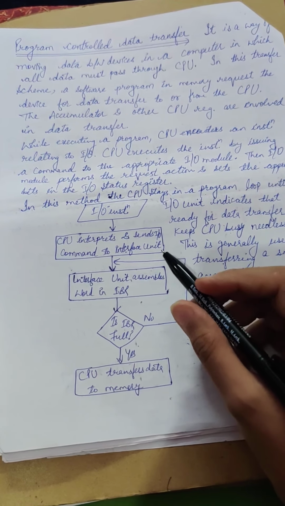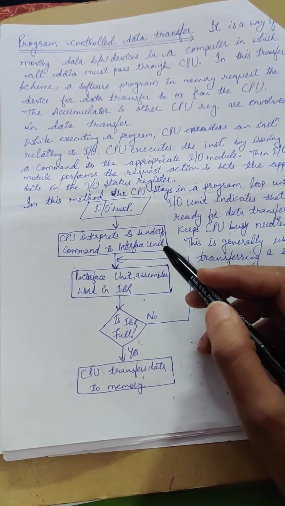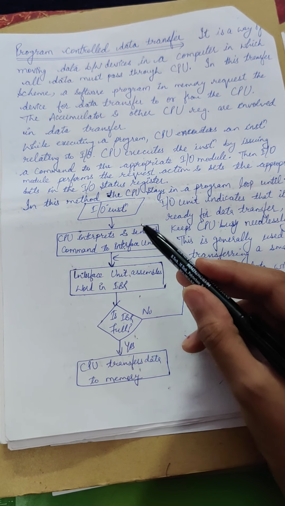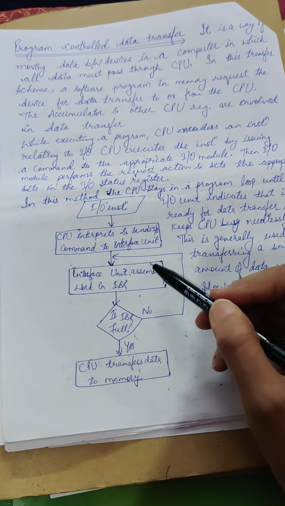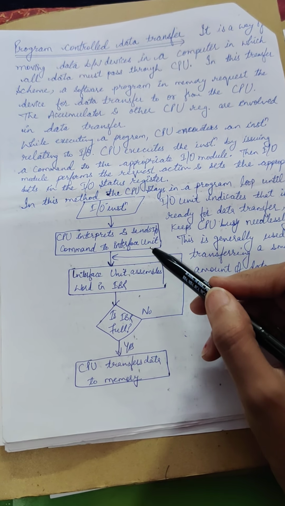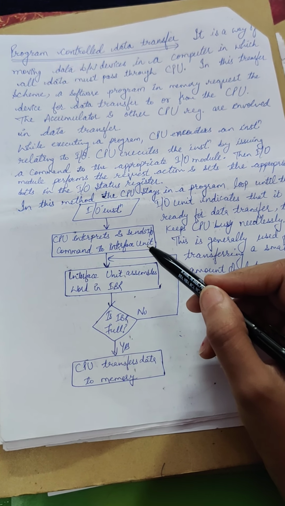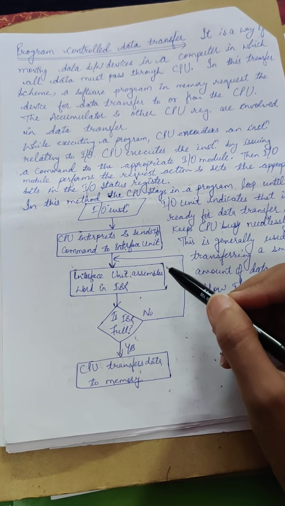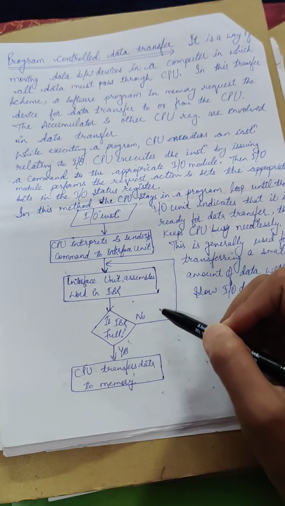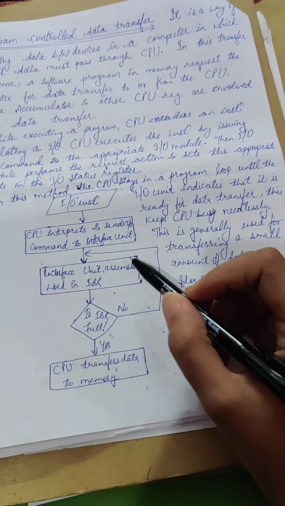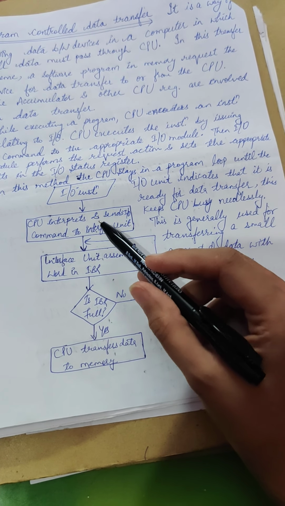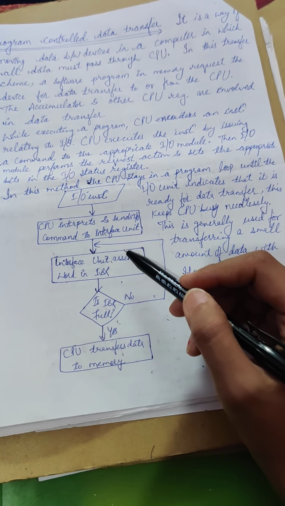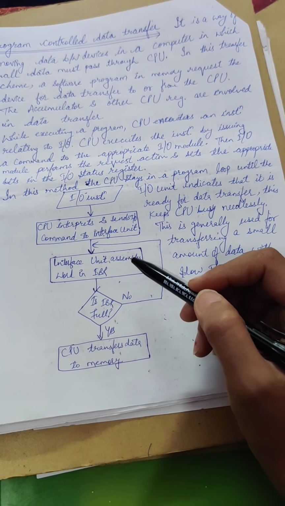The CPU executes these instructions by issuing a command to the I/O module, and then the I/O module performs the request or sends its acknowledgement, which shows the I/O status. So in this method, the I/O unit indicates whether it is ready for the data transfer or not.